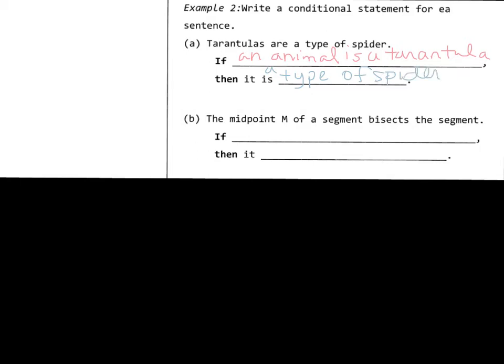You guys were not seeming to have any issues with this in class, and we talked briefly about it in the 2.1, 2.3 video. So why don't you go ahead and pause and see if you can do example B.